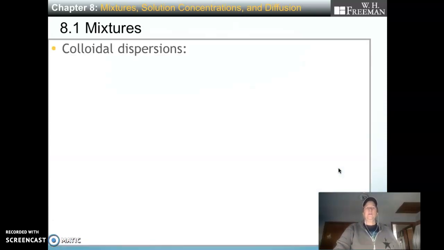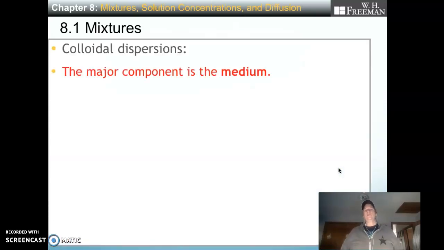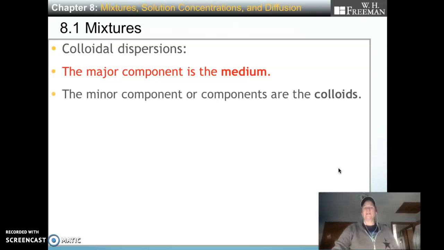Okay? So when we're talking about mixtures, one of the ones you probably haven't heard a lot about is called a colloid. What happens with a colloid, and these can be either homogeneous or heterogeneous. The thing with a colloid is you have particles that are medium in size, and they kind of stay in suspension, so you might not see them, but they do things. There's certain characteristics of the colloid because of the size of the particles, okay?